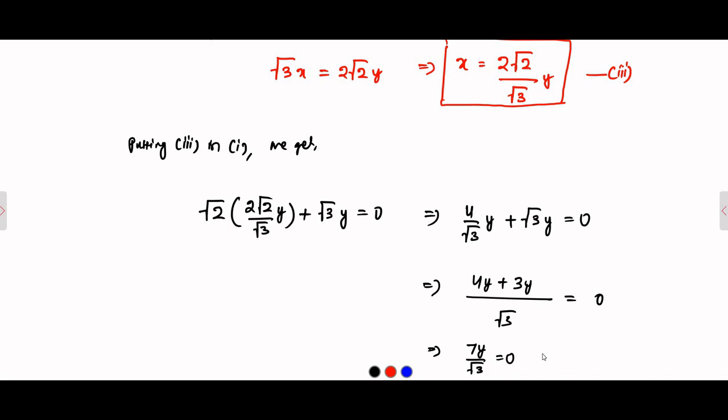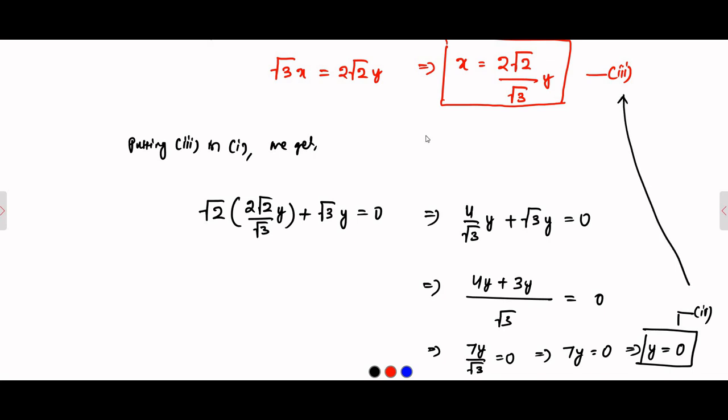That implies 7y is equal to 0 into root 3, that is 0, and that implies y is equal to 0 by 7, that is 0. So we have got y is equal to 0. Okay, equation 4.